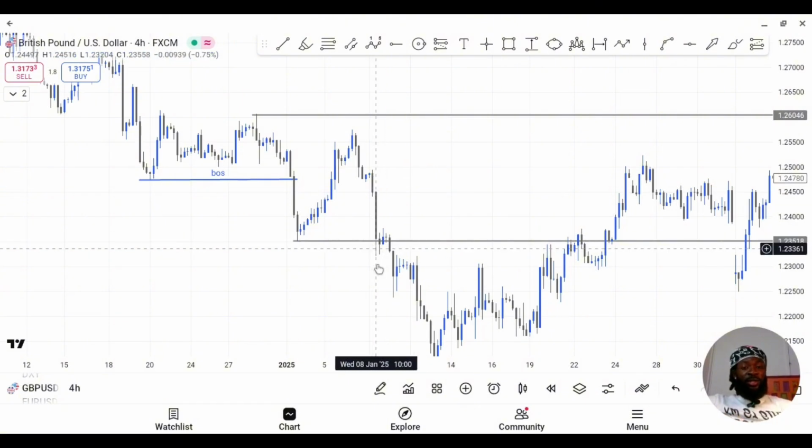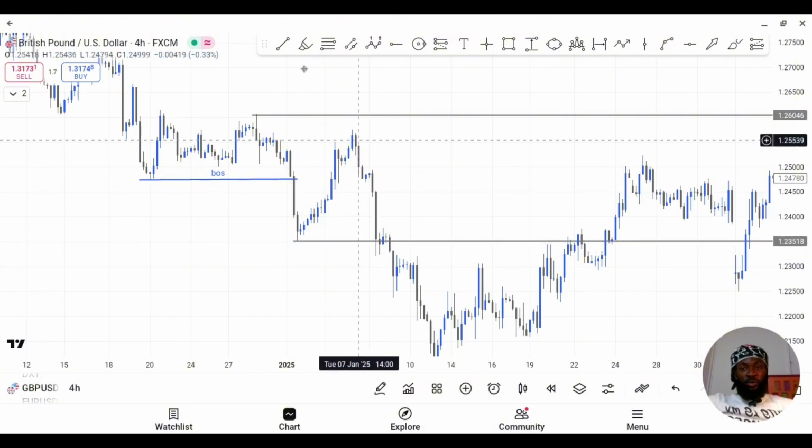Notice those things are very important. If you don't understand those things, you'll find it very difficult to be profitable in the marketplace. So if the market wicked below it but closed above it, it's just a liquidity take. It's not a break of structure.